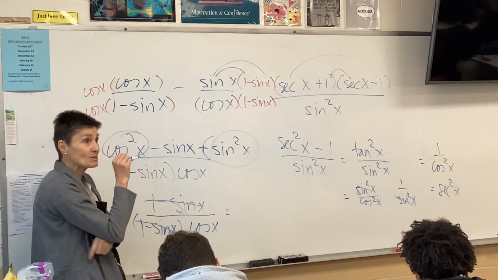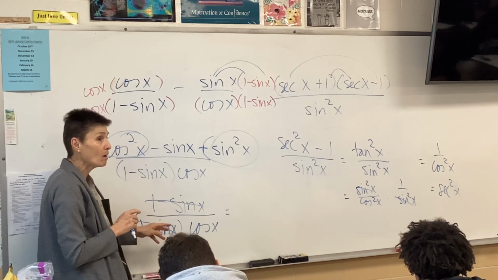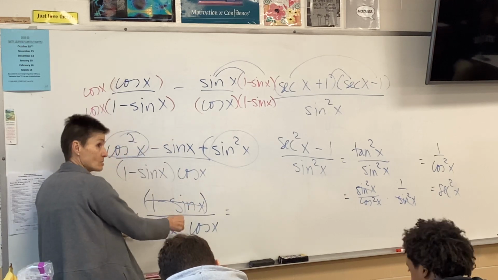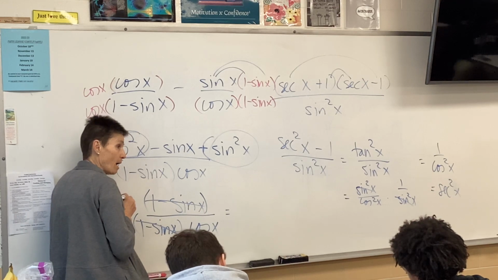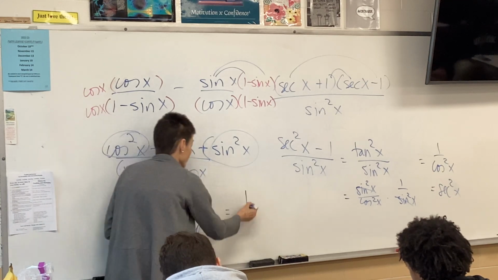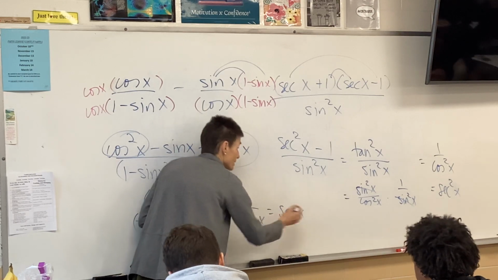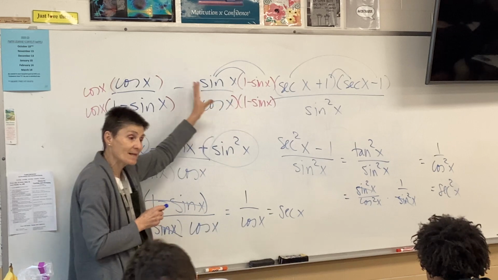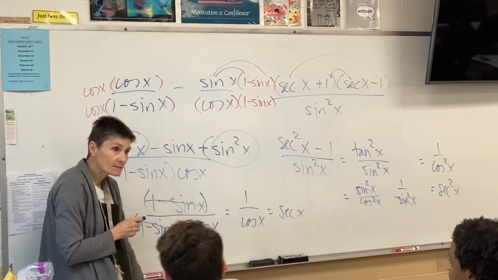Kids, you can't cancel parts of a subtraction, like I couldn't cancel a sine out, but this whole quantity will cancel with this whole quantity, and leave me with what on the top? 1 over cosine, which is secant. So that whole mess that we started with boiled down to just secant.